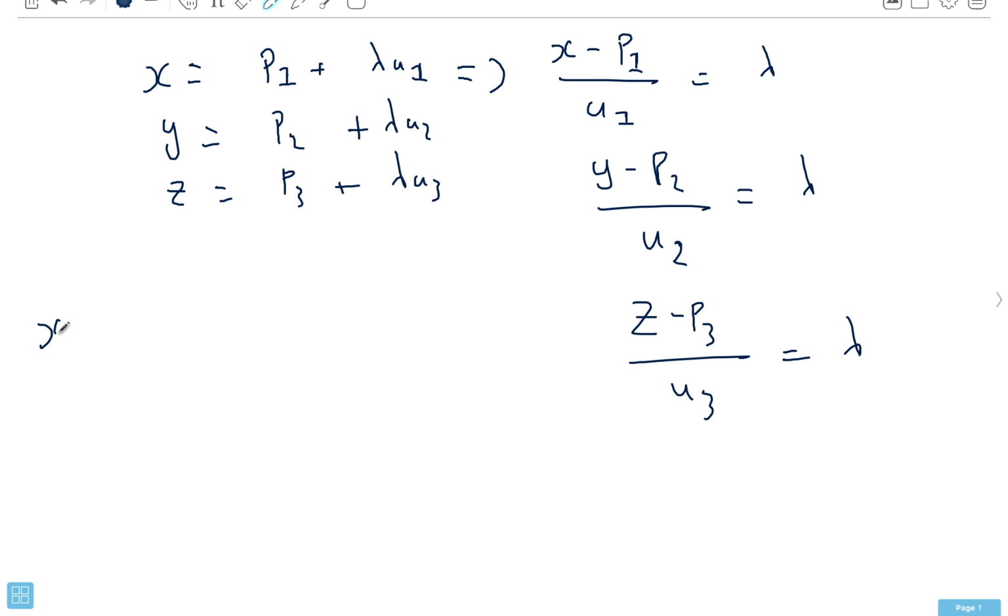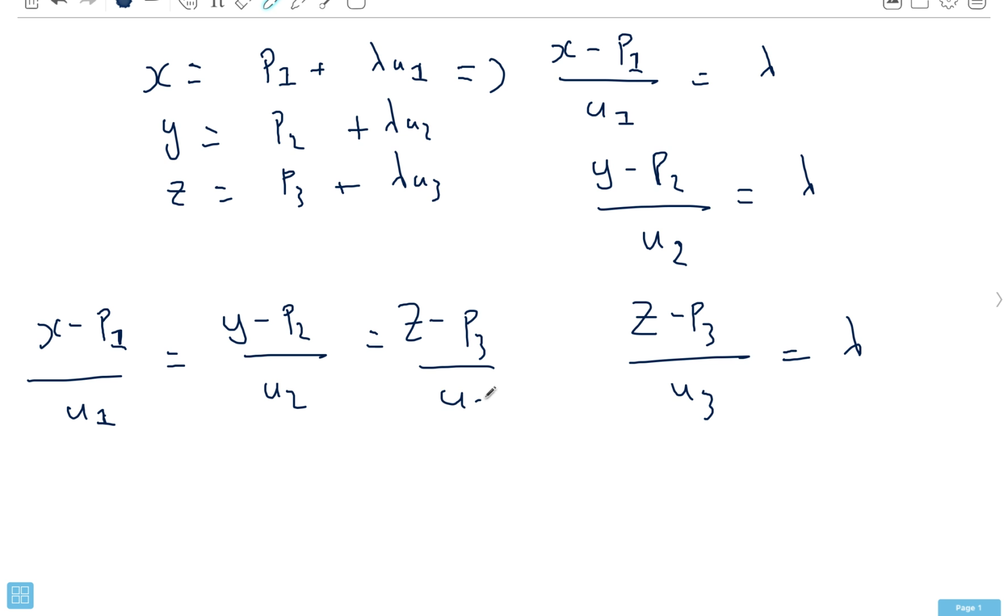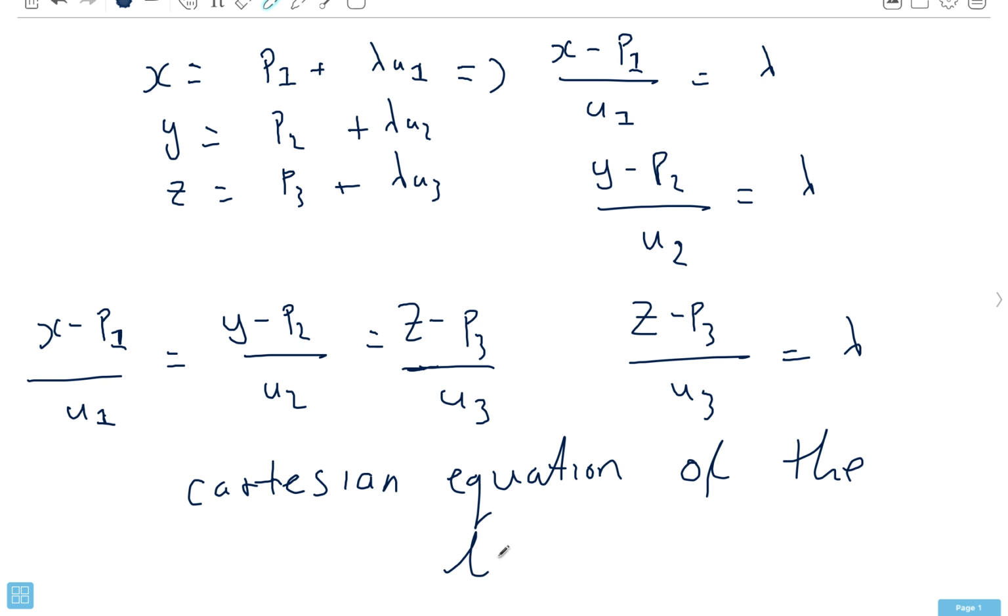So then (x minus p1) over u1 is equal to (y minus p2) over u2, which is also equal to (z minus p3) over u3. And this is the Cartesian equation of the line L.